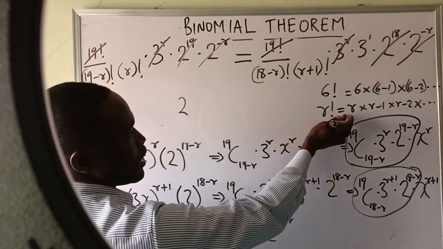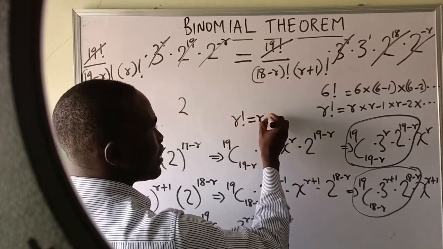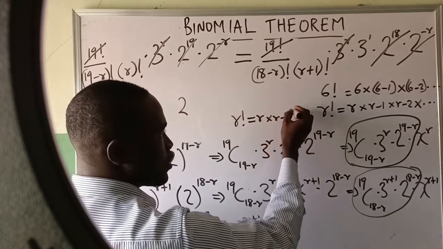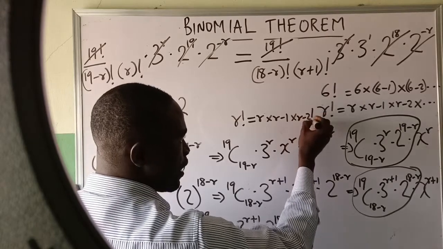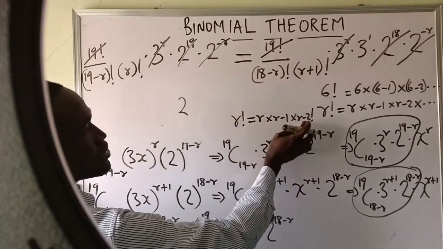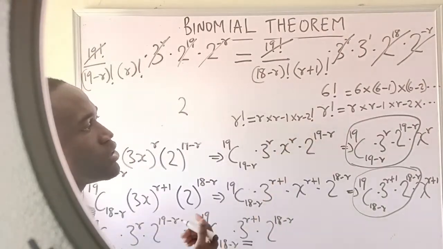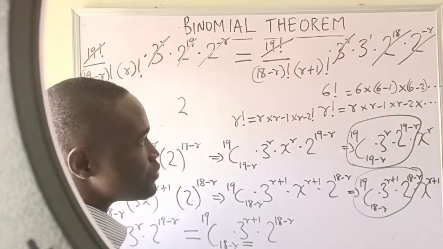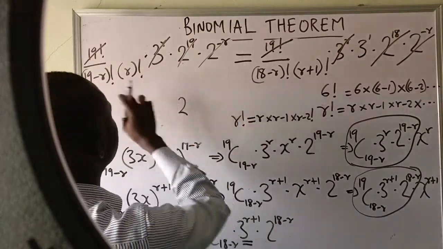But another way you can write it is r factorial is equal to r times r minus 1 factorial, or you can continue r minus 2. You can put your factorial without putting dot dot dot. It means that if you put r factorial at the end, you can continue to express it. Now, we apply this principle here.